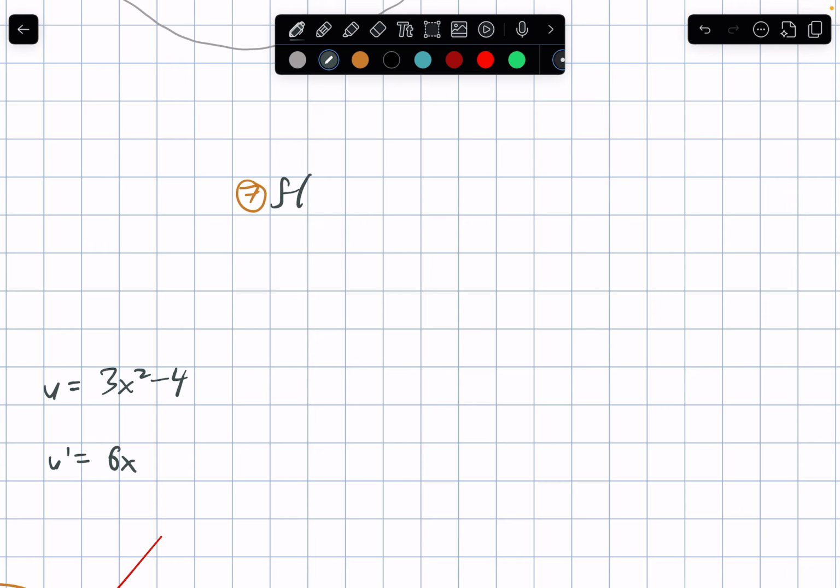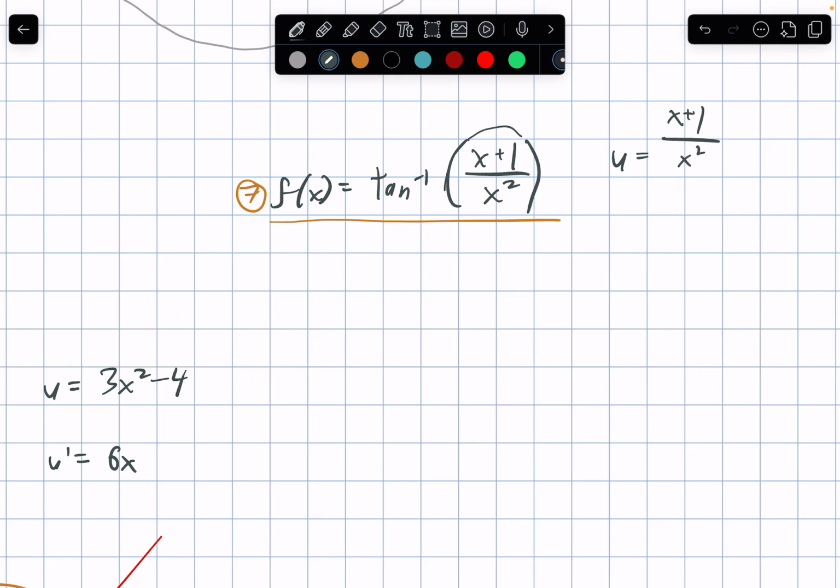Number 7, f of x is equal to arctangent of (x plus 1) over 2x. Okay. Let's identify the u. U is easy. It's just whatever's inside the parentheses. How about u prime? We're going to apply the quotient rule because this is a fraction.